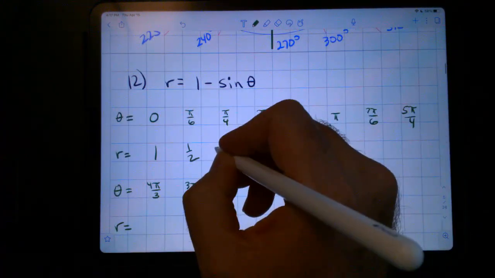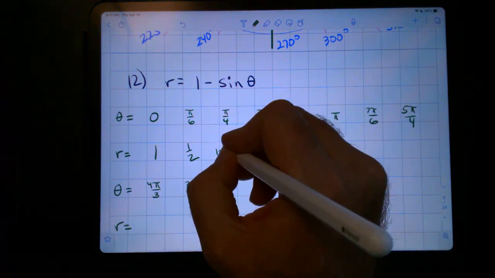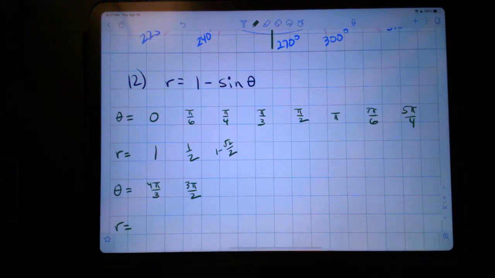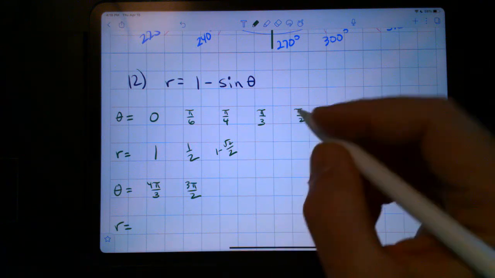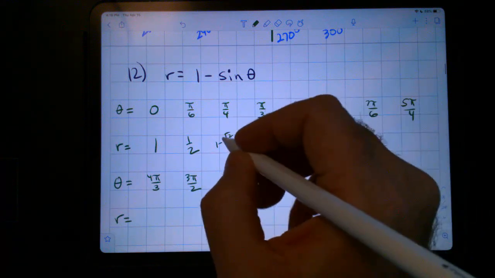And then this would be 1 minus radical 2 over 2, which is going to be 0.29.